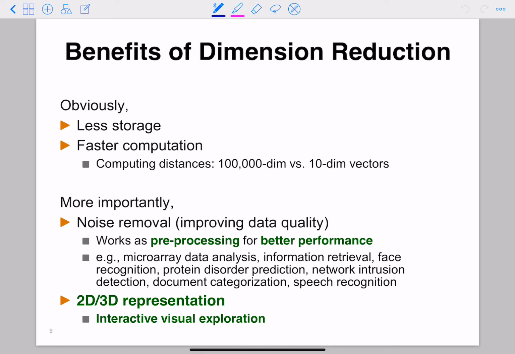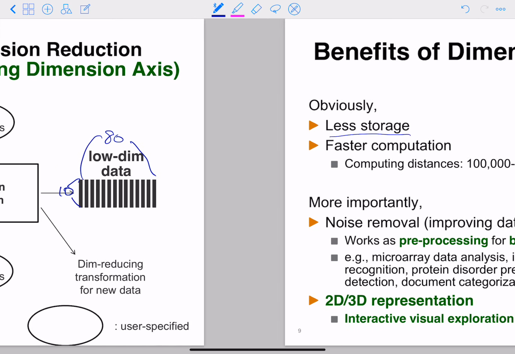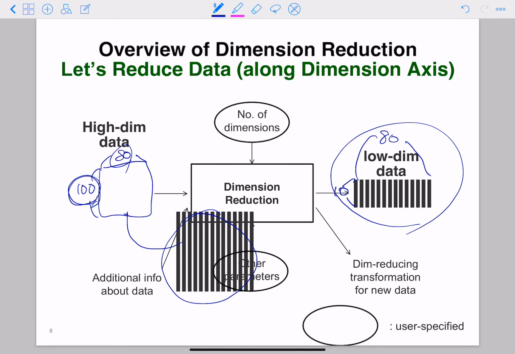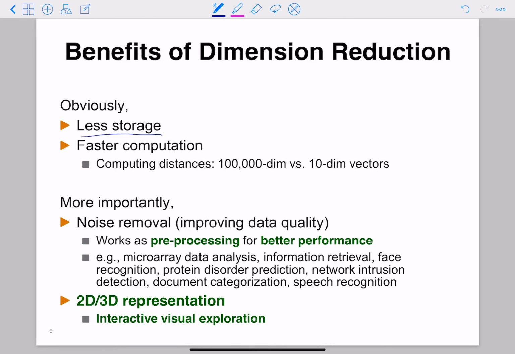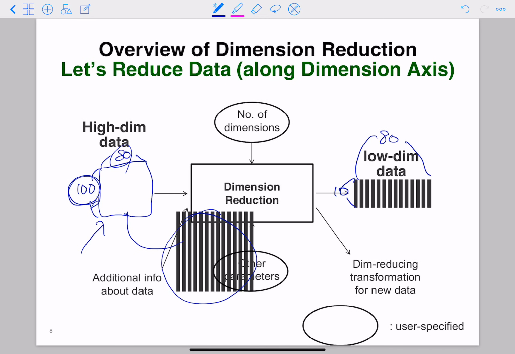This dimension reduction has several benefits. Definitely less storage is required to store the reduced data rather than the original data. And also faster computation, when using these vectors as input to any particular algorithm.